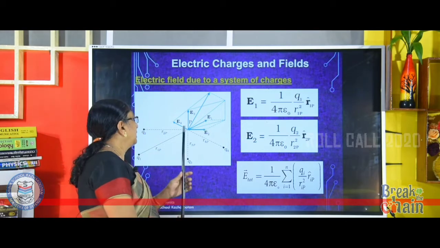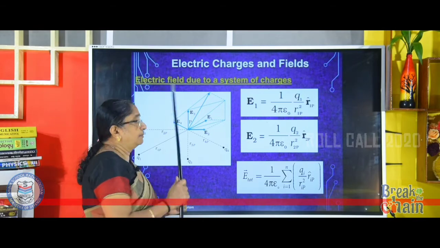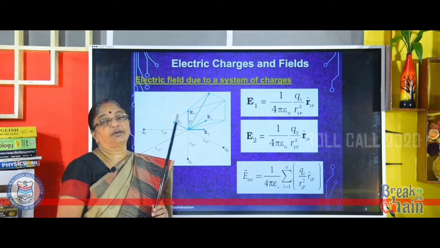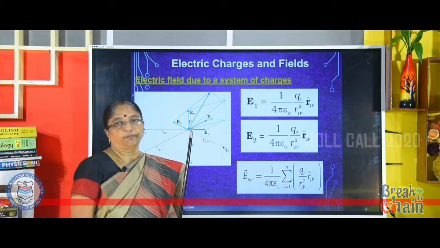Like that, the electric field intensity at P due to many charges can be written as the vector sum of the electric field intensities due to the individual charges.